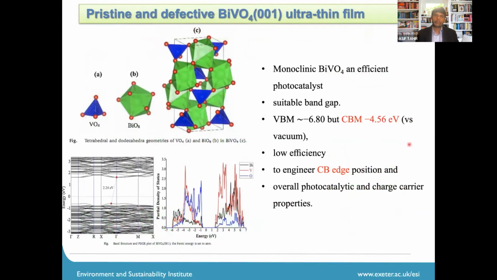As a result, we have found that bismuth vanadate in the 001 phase is much more stable and has the right band gap and band edge positions for photoelectrochemical water splitting. And then surface defects can be created using selenium doping into the pristine bismuth vanadate to improve its efficiency.